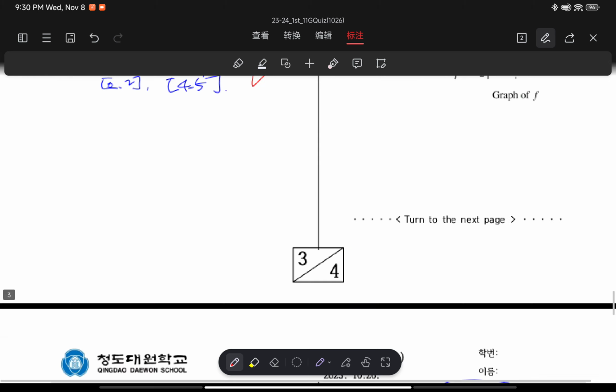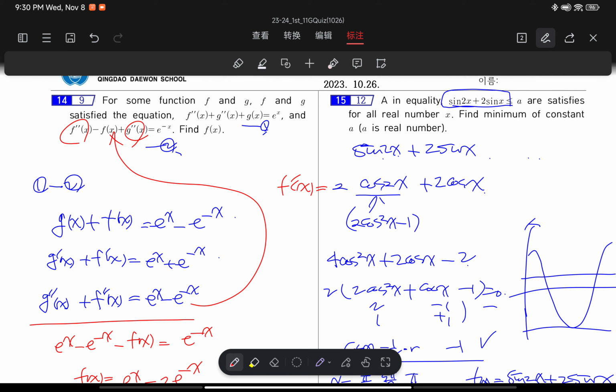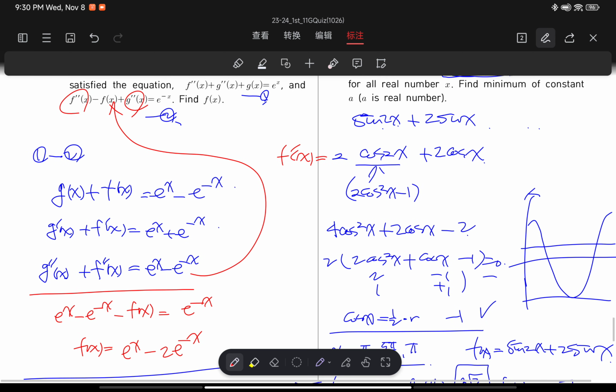14. Oh yeah, right. Actually, none of you got this problem, but most of you almost got the answer. So maybe most of you found this.